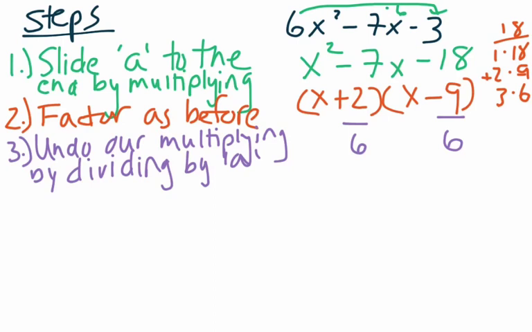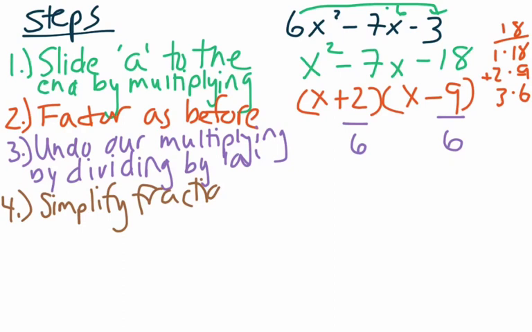Now the next step in this is actually, you usually don't have to do it, okay? So step 4, most of the time you're not going to need to do this. You have to simplify the fractions. And so we're going to simplify 2/6, and that simplifies to 1/3.